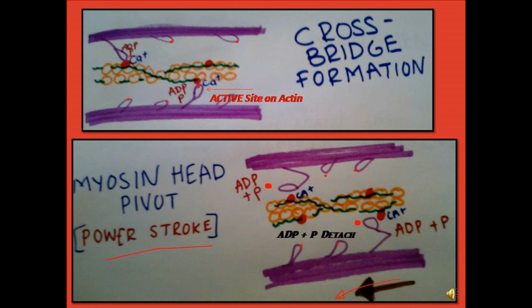Don't forget that our myosin heads have the ADP and phosphate attached to it right at the edge. But at this stage, once they start the power stroke, the ADP and phosphate detach.